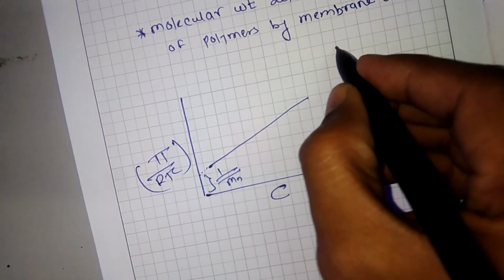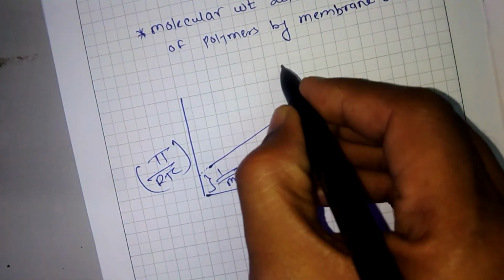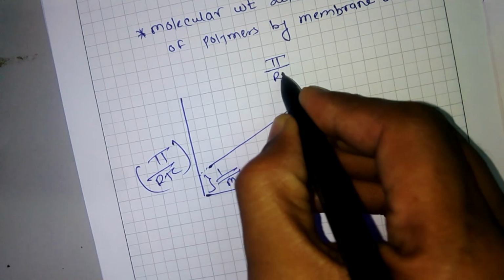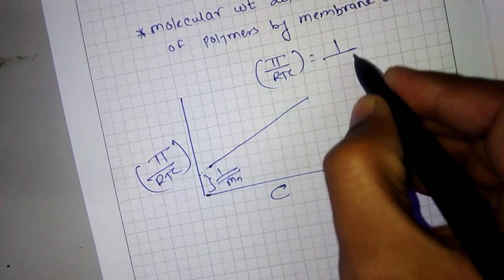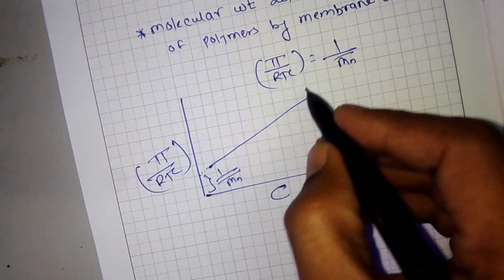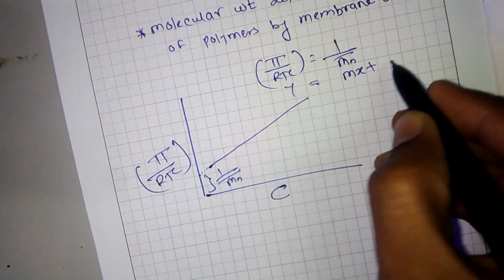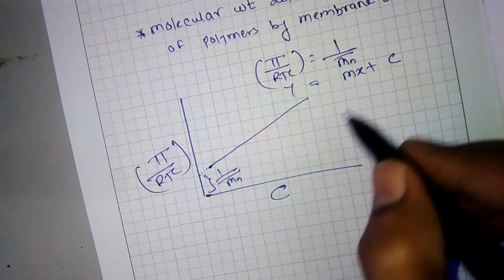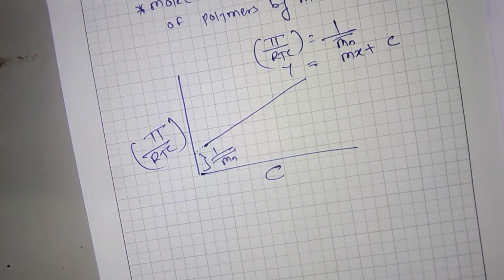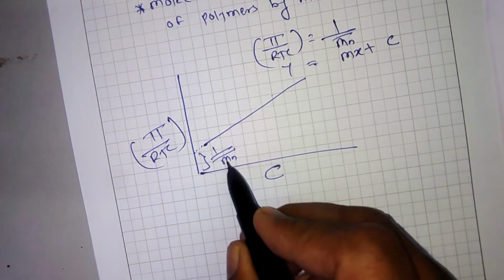The previous equation, pi by RTC is equal to 1 by Mn bar, is of the form y is equal to mx plus c. So this is the extrapolated form, and we get the Mn bar.